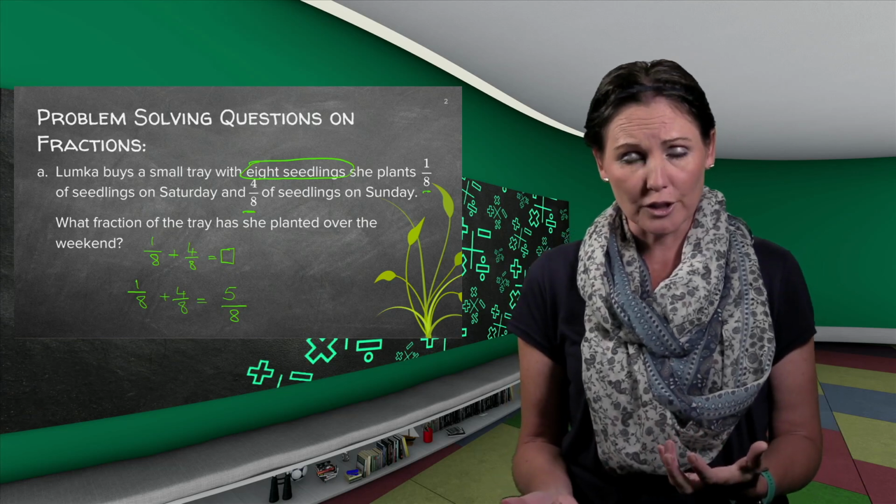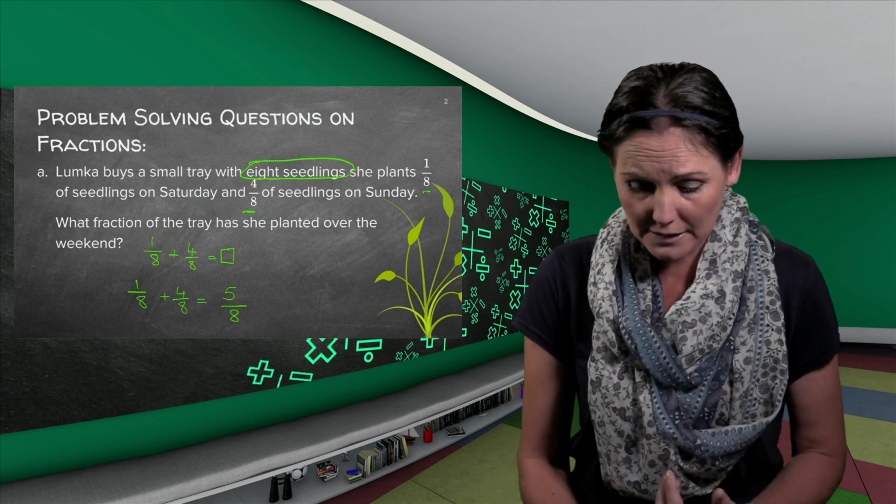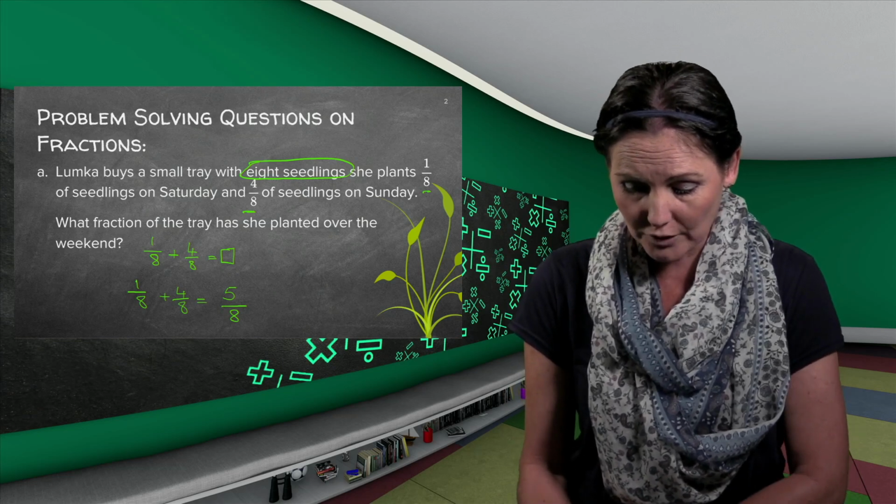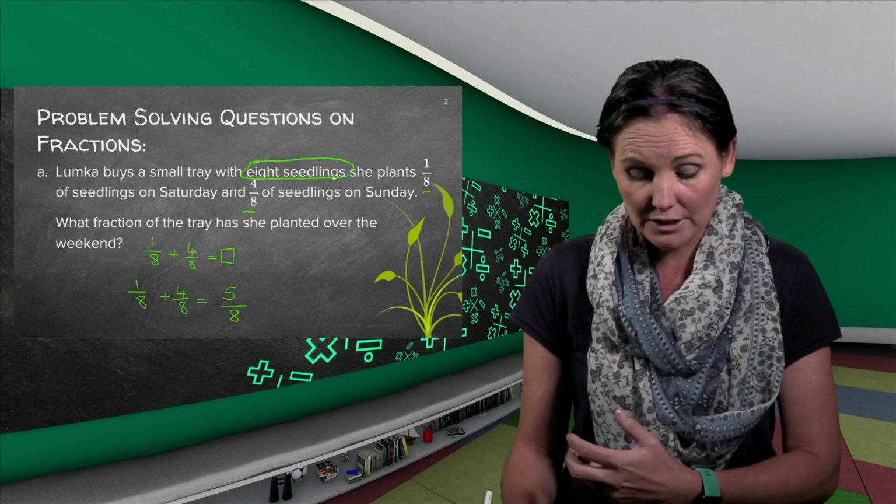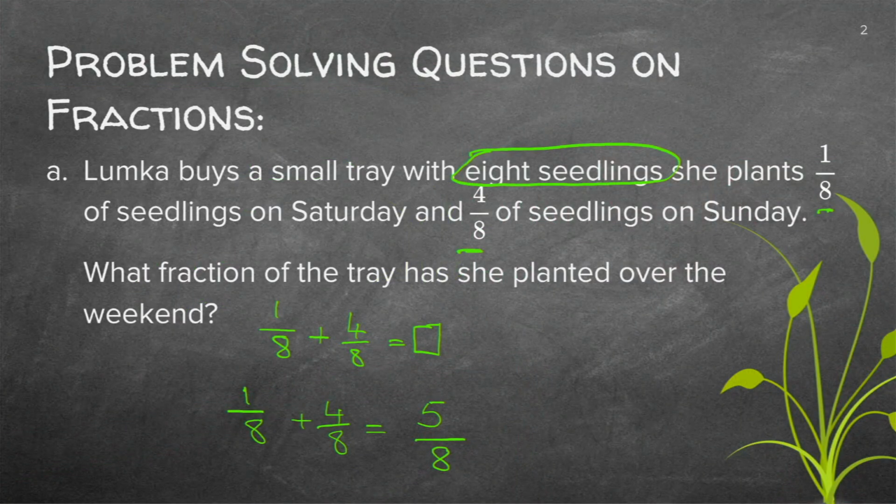And how do you do that? By reading the question. What is the question? What fraction of the tray has she planted over the weekend? And then you will say, she planted 5/8 of the fraction, and then you can carry on and say over the weekend if you want to.